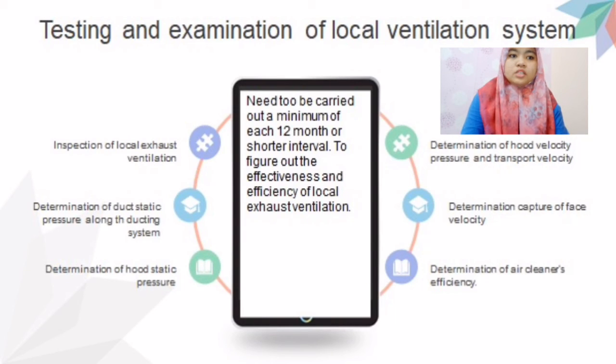The testing and examination consists of, first, inspection of local exhaust ventilation, second, determination of duct static pressure along the ducting system, third, determination of hood static pressure, fourth, determination of hood velocity pressure and transport velocity, then determination of capture face velocity, and lastly determination of air cleaner's efficiency.